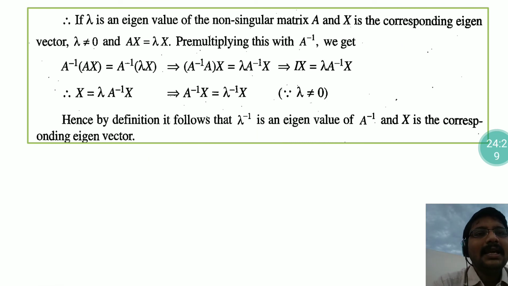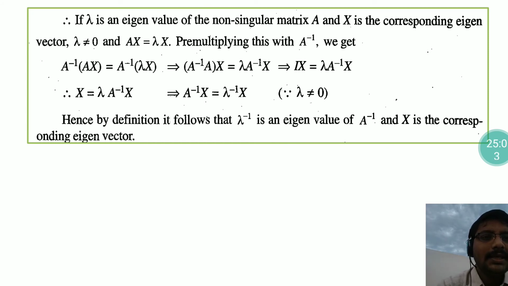Therefore, if lambda is an eigenvalue of a non-singular matrix A and X is a corresponding eigenvector, then since lambda is not equal to 0 and AX equals lambda X, now pre-multiplying with A inverse, we have A inverse of AX is equal to A inverse of lambda X. But what is A inverse into A?